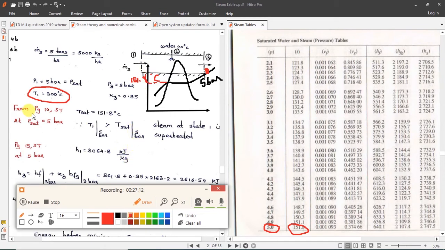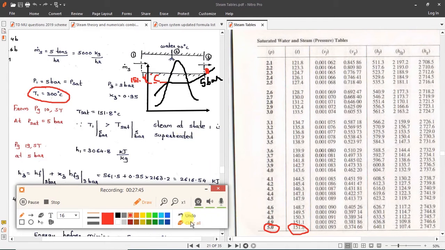From the steam table, page 10, for 5 bar saturation pressure, what is Tsat? 151.8 degrees Celsius. Now given temperature, which is 300, is greater than Tsat. That is why the steam is superheated steam. Whenever we have such a case, we need to use enthalpy of superheated steam table values.